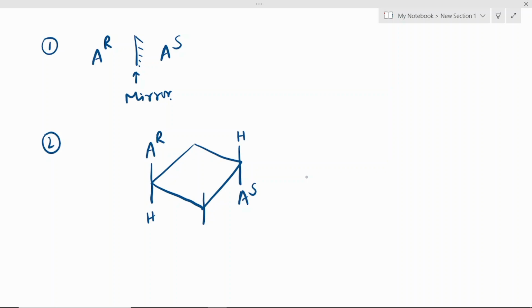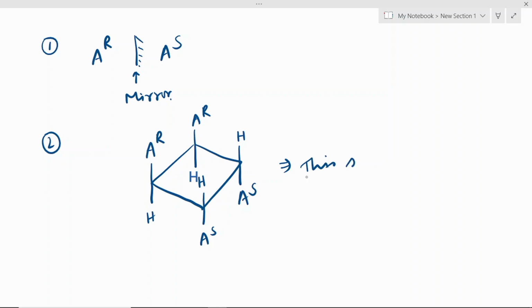Here is H, here is AR, and here is AS. Here A represents a group whose absolute configuration is R and here the absolute configuration is S.